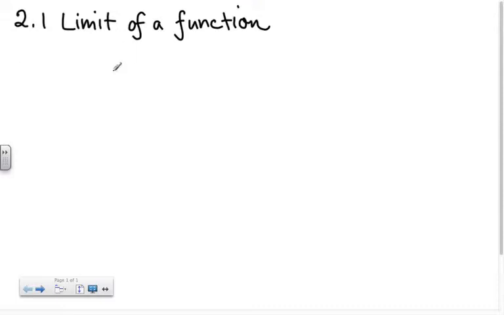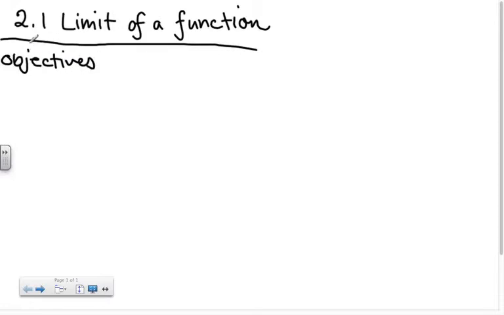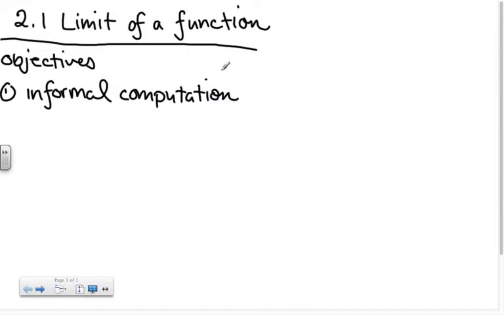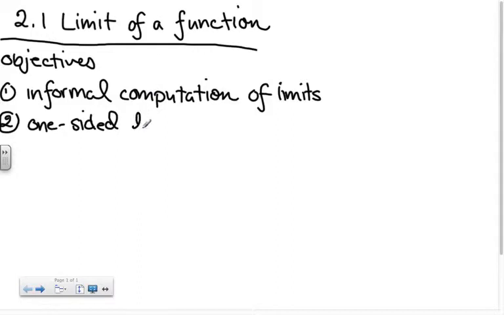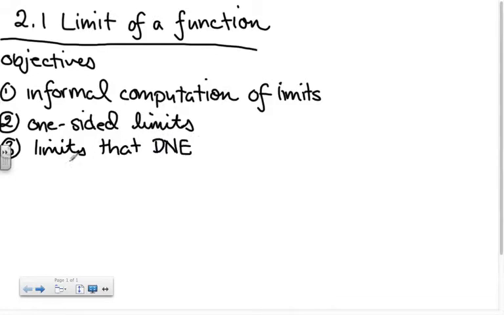We have informal computation of limits, secondly, we have one-sided limits, thirdly, we have limits that do not exist, and that DNE means does not exist, by the way.